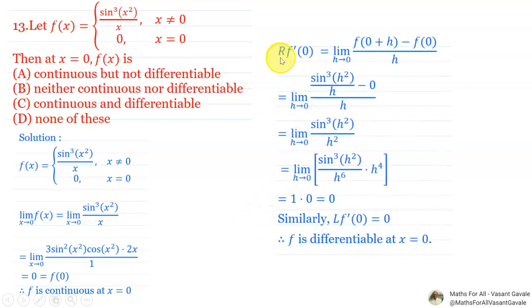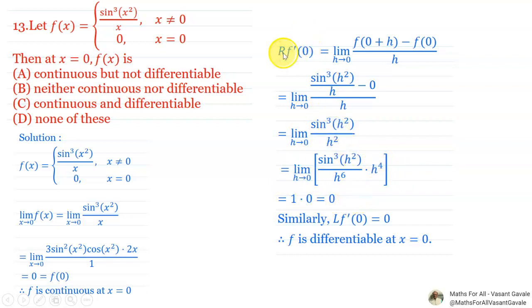Next, the right hand side derivative at x equal to 0, that is, limit of f of 0 plus h minus f of 0 upon h as h tends to 0. Then you will get limit as h tends to 0 of sin cube h square upon h square. Here we adjust h raised to 6, for that we multiply by h raised to 4, but at h tends to 0 you will get 0.